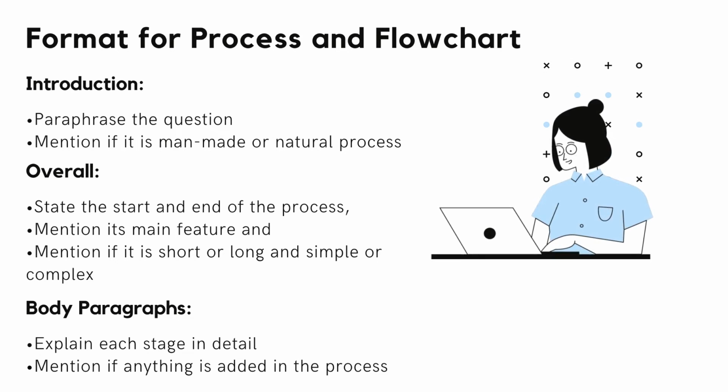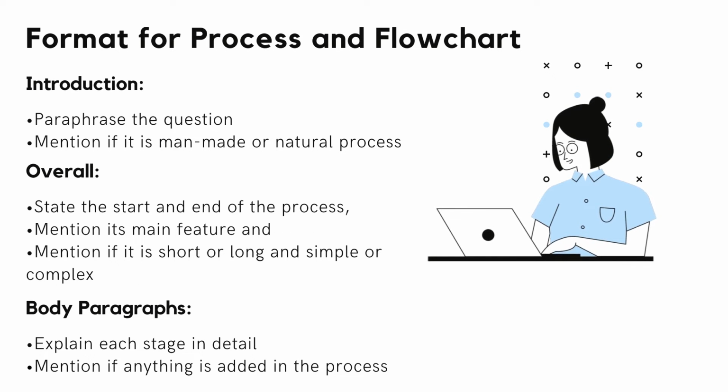Now let us see the format for process and flowchart. So starting with the introduction. In the introduction, you firstly paraphrase the question. The method of writing the first line of the first paragraph in the report remains the same for all the task types.